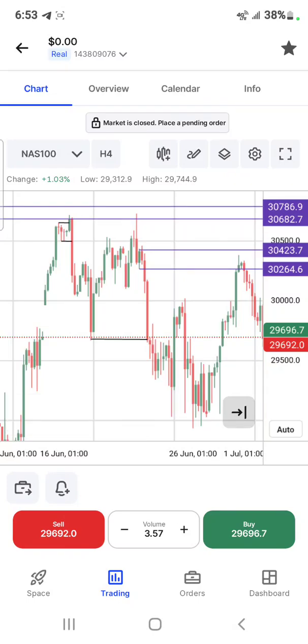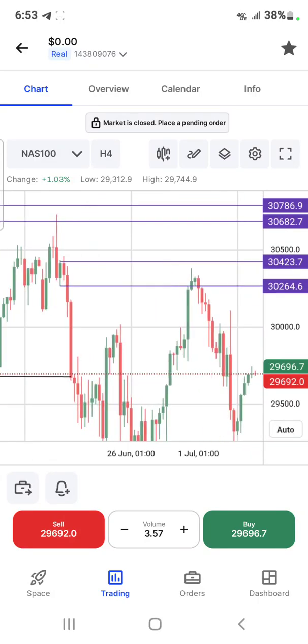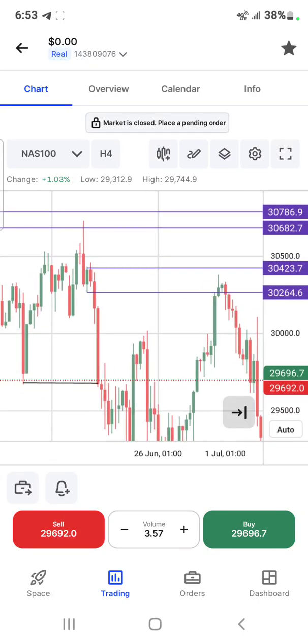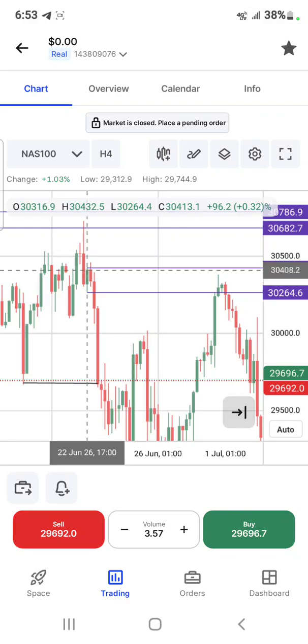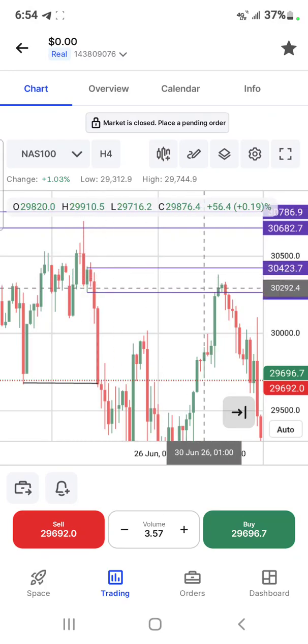But if you want to take this kind of trade, it should be with a confirmation entry. Maybe after refining this order block to the 15 minutes time frame, you can just wait for price to tap into it.